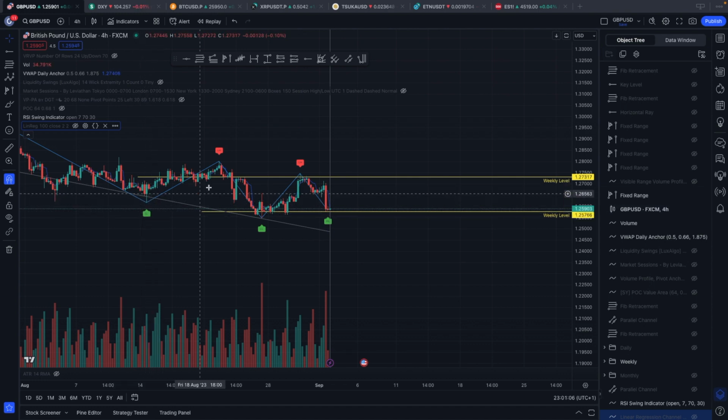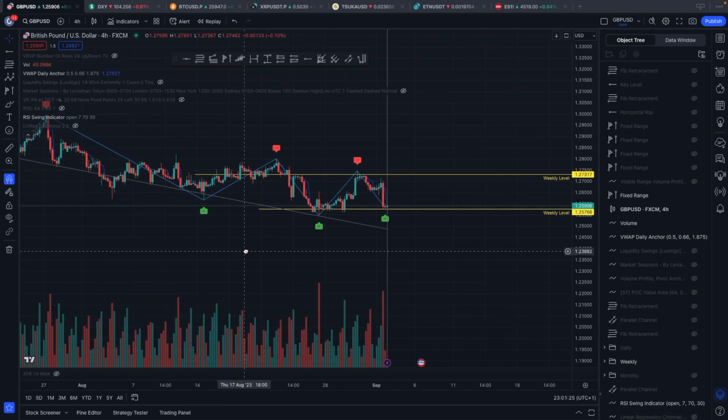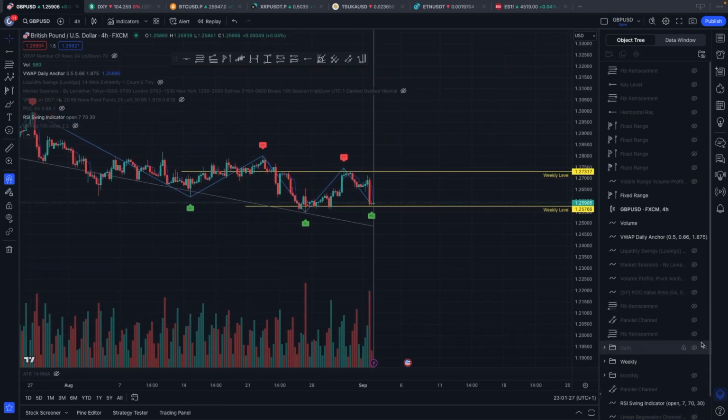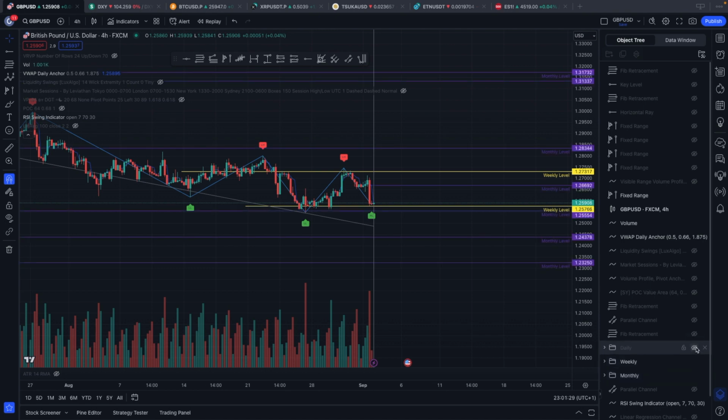So you see lower low, lower high, lower low, lower high, and then potentially now it's saying this is a higher low, which means probably, because if we go from here, say we've made this a higher low, which would mean potentially we're going to go up here and take out these highs.